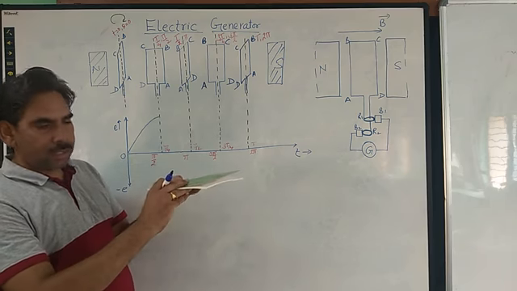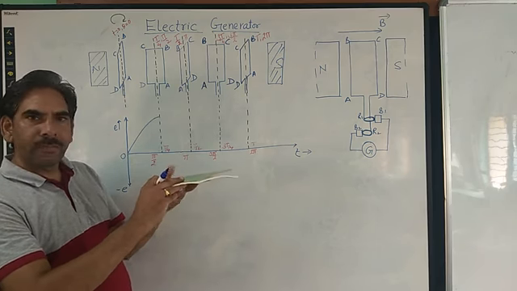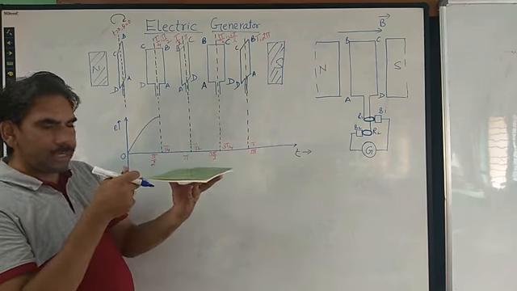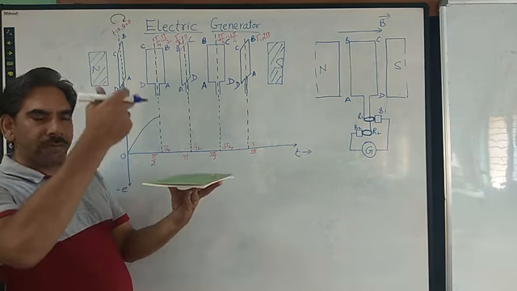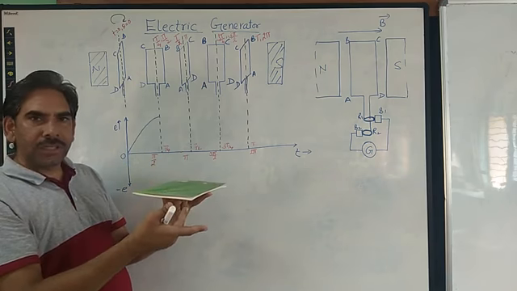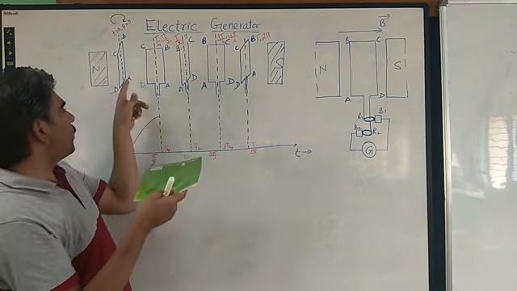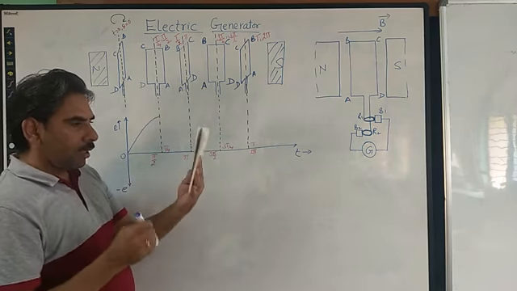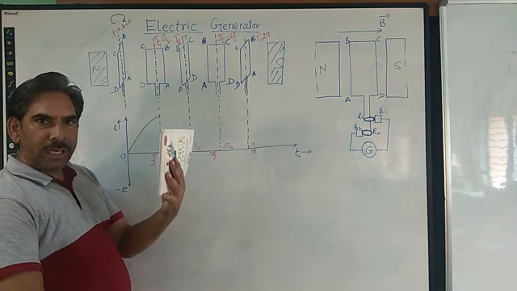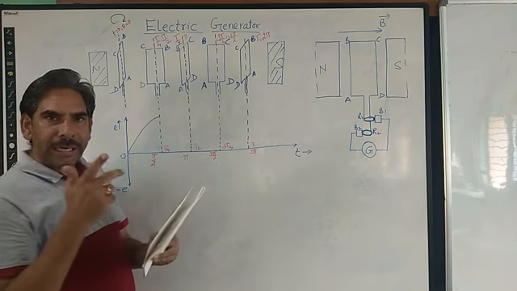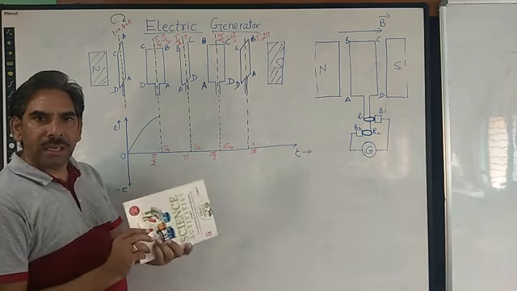Whenever we further start rotating the coil, now the AB end is going downward and the CD end is going in the upward direction. You can apply Fleming's right hand rule and you can get the direction of the current. So in the first case, whenever AB was moving in the downward direction, we hold the right hand according to Fleming's rule.